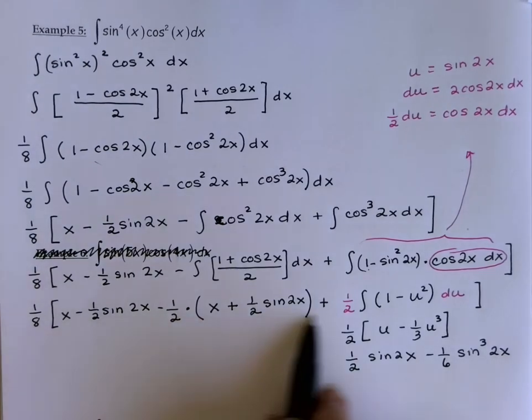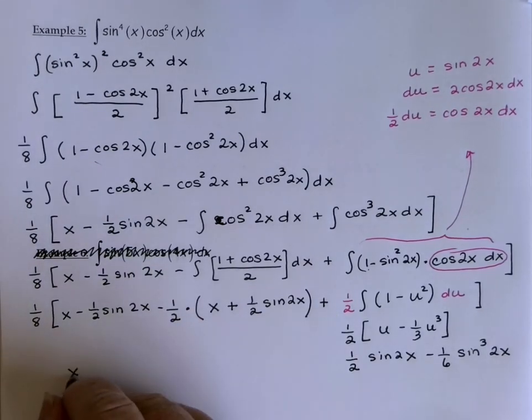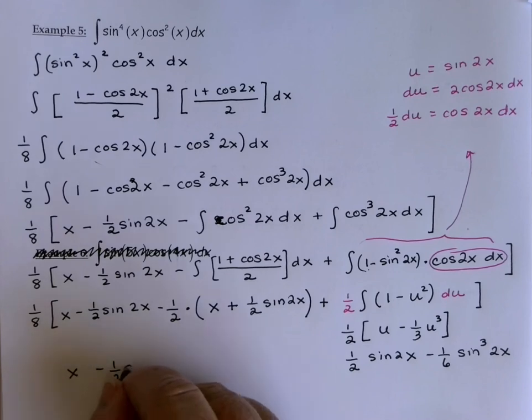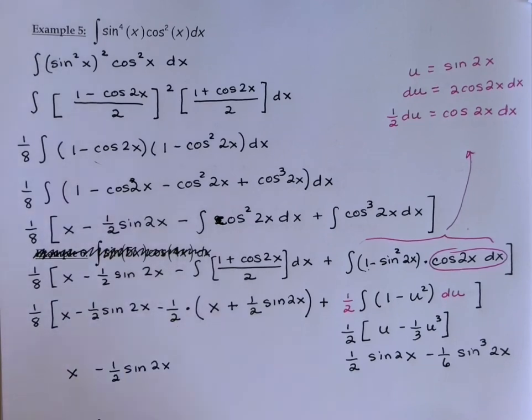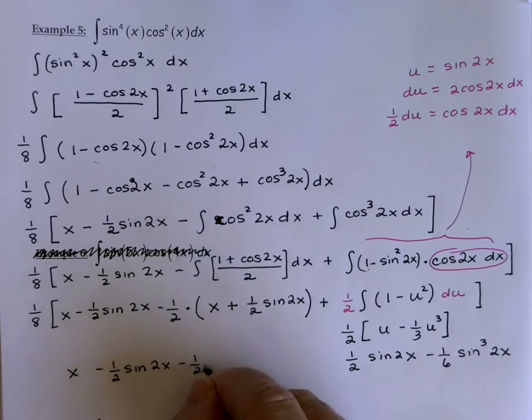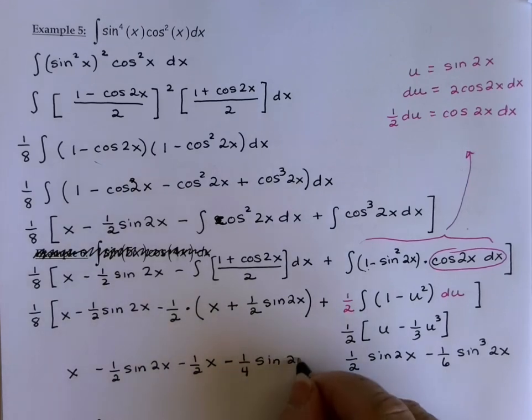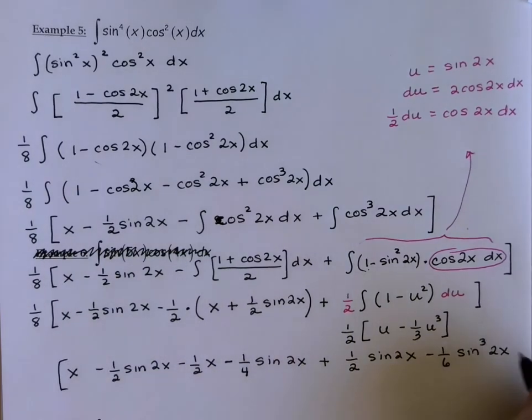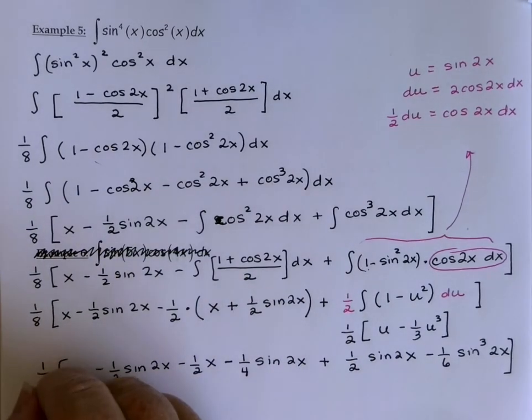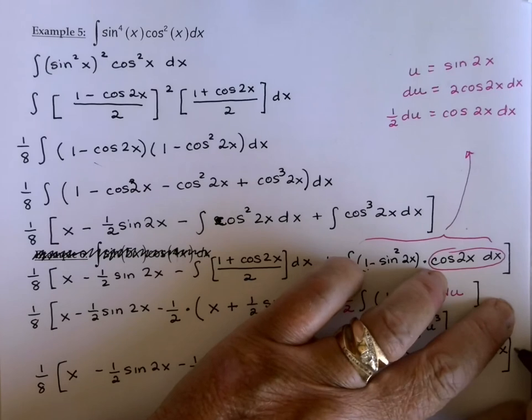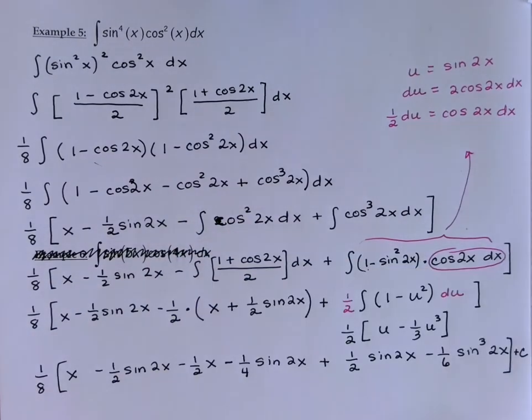And then I'd have all the rest of this in front of it. And let's see, I'm going to distribute that negative 1/2. So I would have negative 1/2 x minus 1/4 sine 2x plus all of that. And then the 1/8 in front of everything. And I should squeeze a plus c in there.